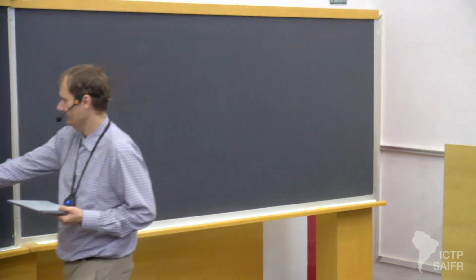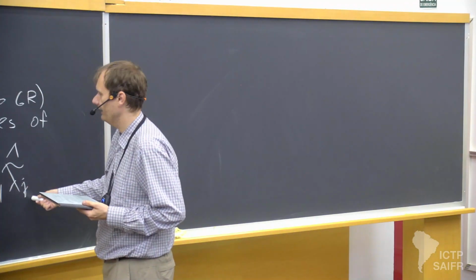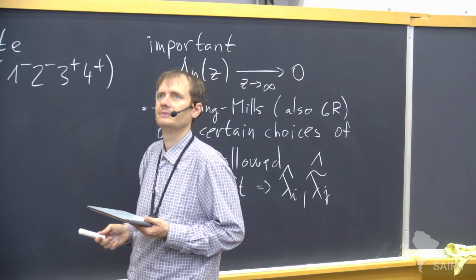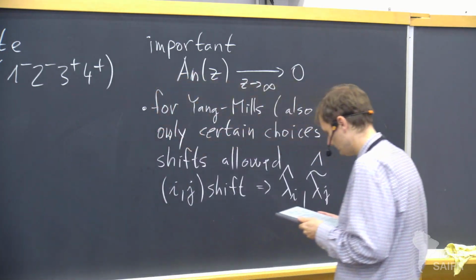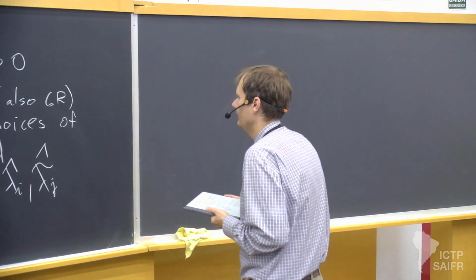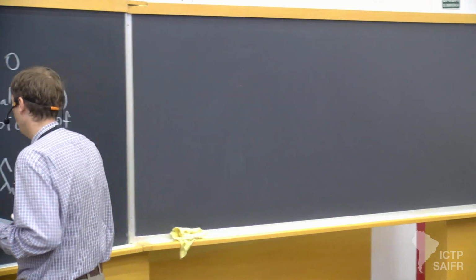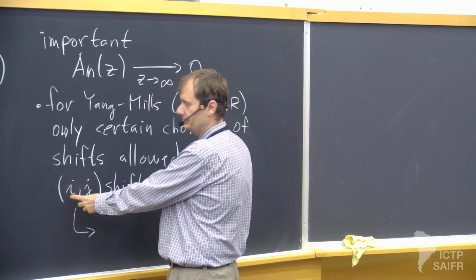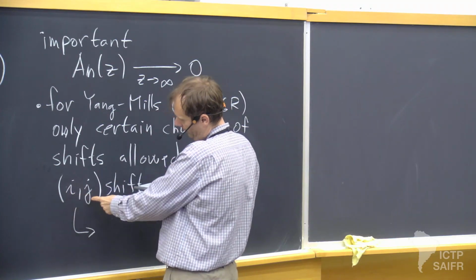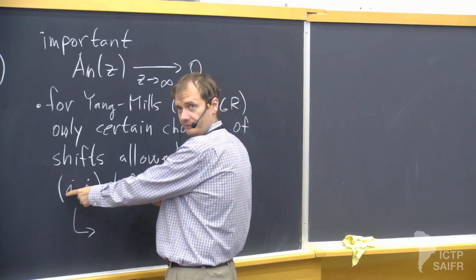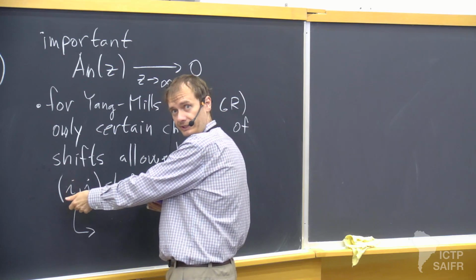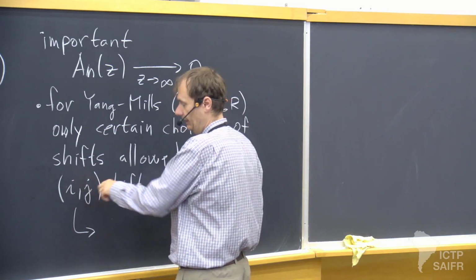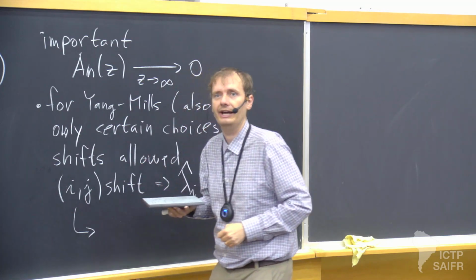These labels I and J that we are allowed to shift are correlated with helicities. So there are obviously four options here: either both of them have negative helicity, both of them have positive, or the first one is positive and the other negative, or the first one negative and the other positive. Four options for what can happen.